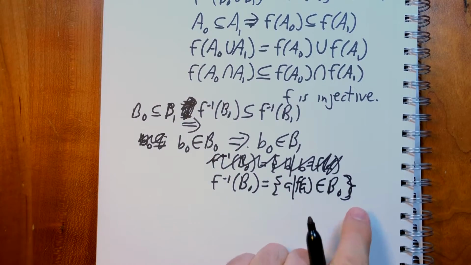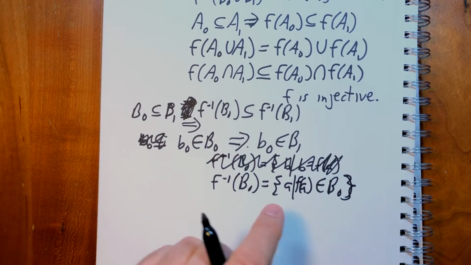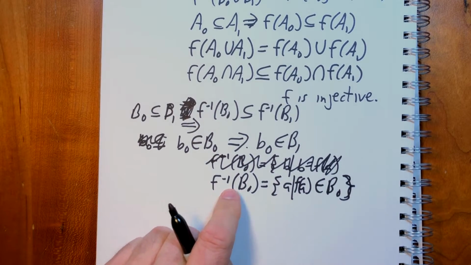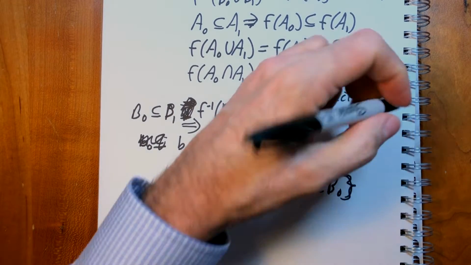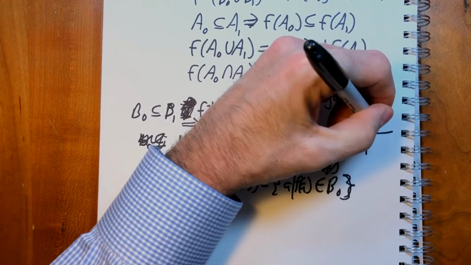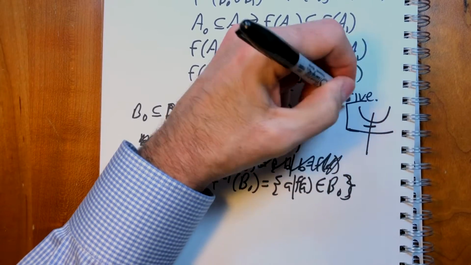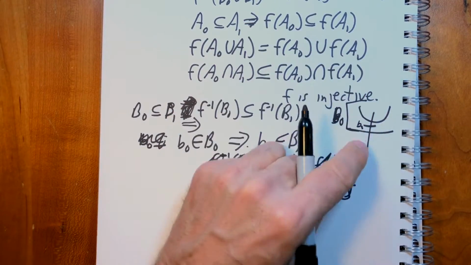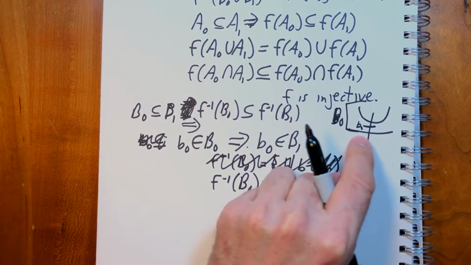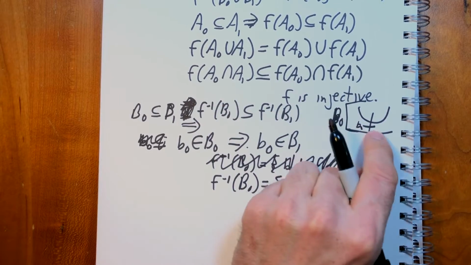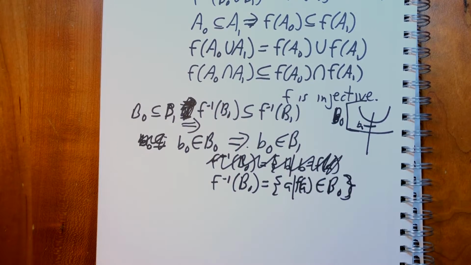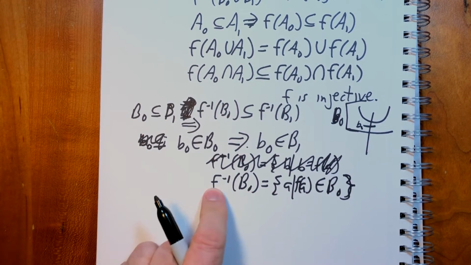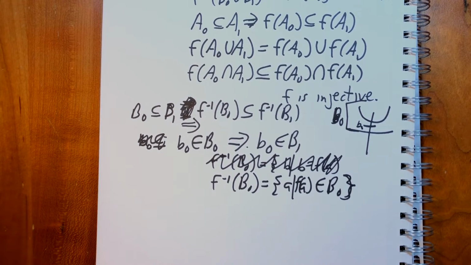So remember, it's possible that there is no A such that f of A is in B0, right? If this was your B0, then no A is going to return B0 here, right? So it's possible that this set is empty, but if so, then there's nothing to prove.